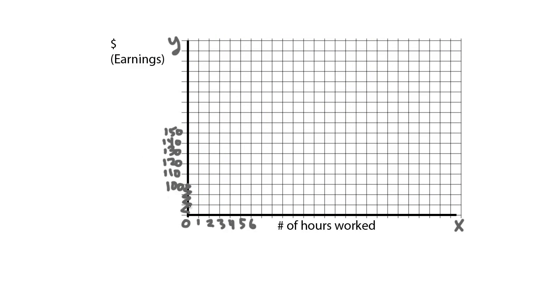The first point was 0, 100, so it'll be right here. Then the second point was 1 and 110, and 2 and 120, 3 and 130, 4 and 140, 5 and 150. Notice I can connect these dots and make a nice line.